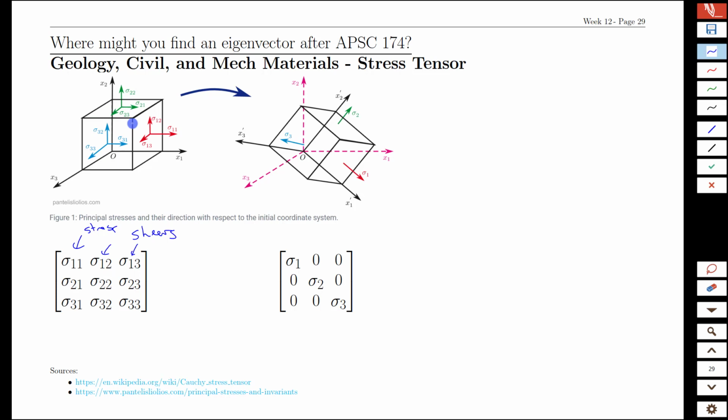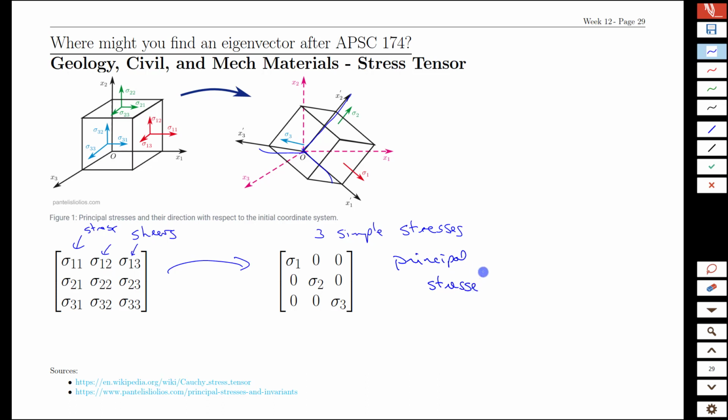And it turns out that if you pick the right axis, which ends up being nice perpendicular axes, you can reconstruct this into three simple stresses. And these are called the principal stresses.